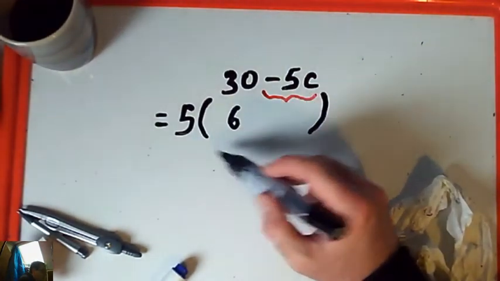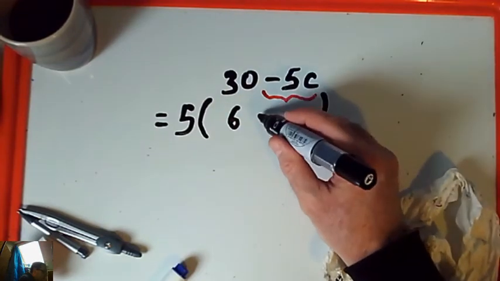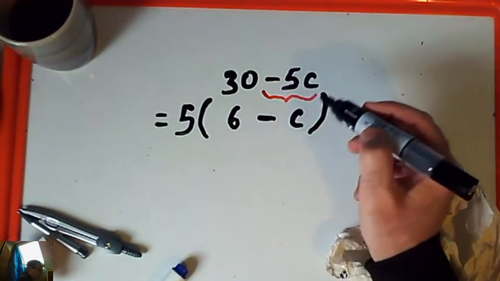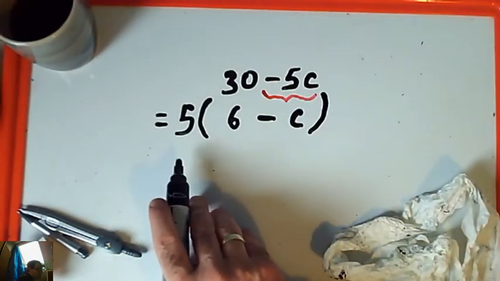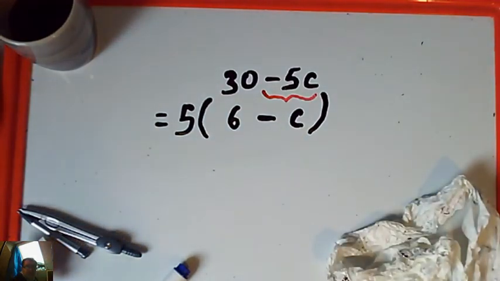Okay, well 5 times c would give me 5c. So 5 times minus c will give me the minus 5c. So the factorisation is 5 brackets 6 minus c. So I'm just putting that on iMaths now, 5 brackets 6 minus c, and we go on to the next one.